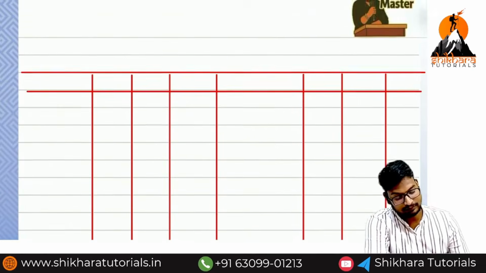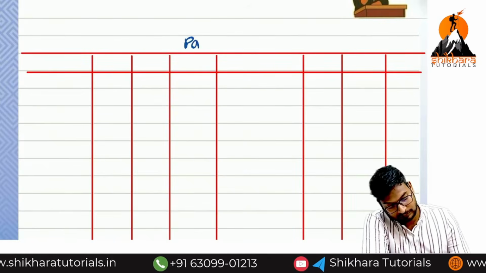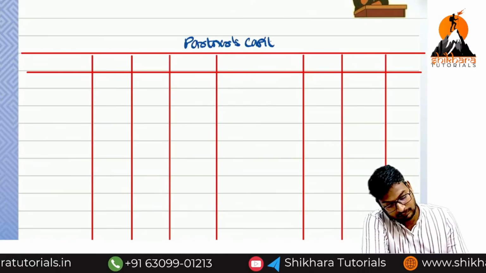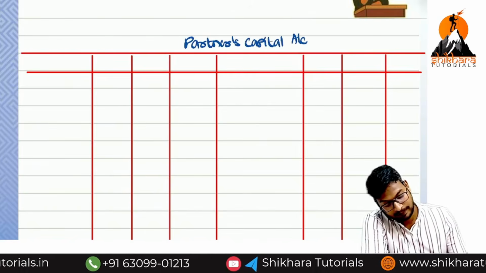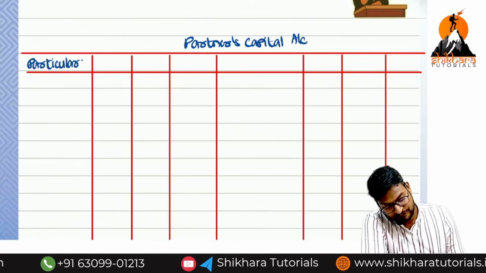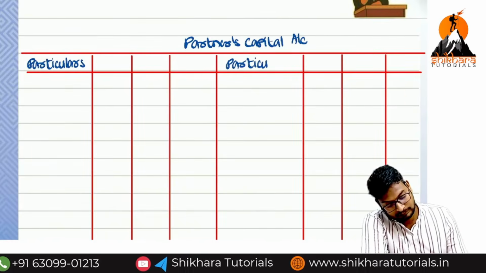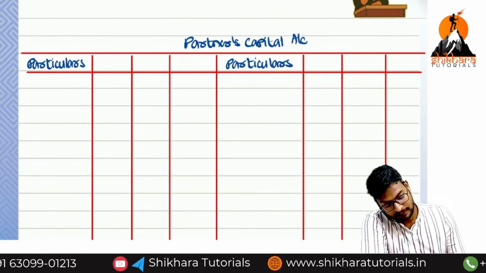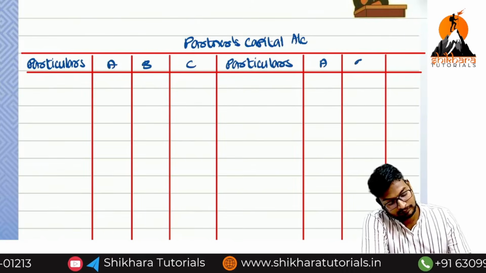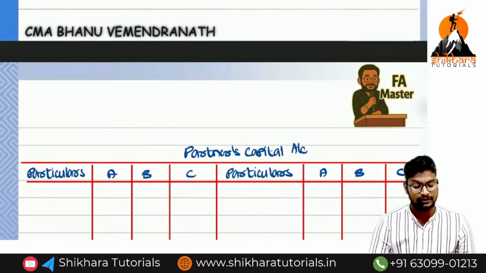partners' capital accounts. Particulars for the partners, A, B. What is the first one?